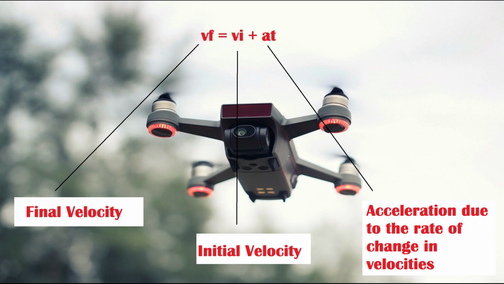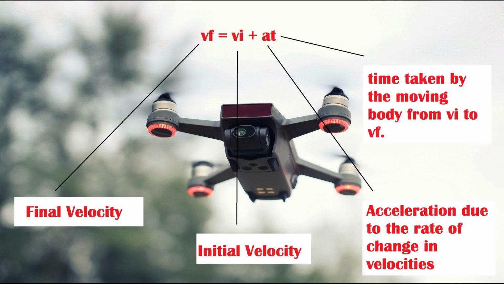If there is a change in velocity, then of course acceleration is created in a moving body, and t is the time taken by a moving body from moving from point A to B. So we are going to learn how to derive this first equation of motion.